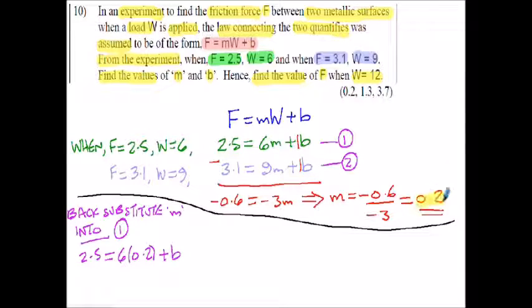Again, all I've done here is taken the 0.2 for the value of m and placed it into equation 1 appropriately. Rearranging that equation, in other words, subtracting 1.2 from both sides of the equation, b will equal 2.5 minus the 1.2, that's the 6 times 0.2, and that gives me a value of 1.3. So this is the value of 1.2 we're subtracting from both sides of the equation to find b.